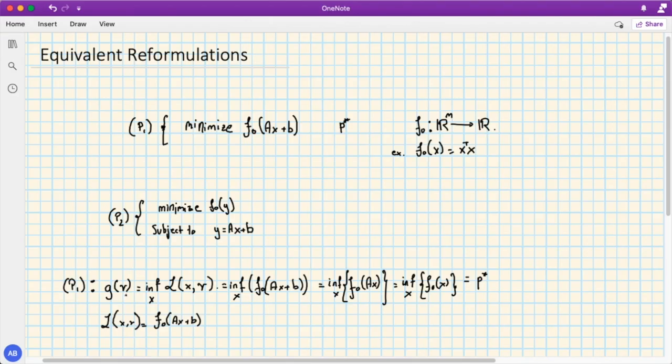However, if I want to write down the Lagrangian dual problem over here, which is to maximize g, maximizing a constant p star, subject to positivity of nu, it's completely useless. You don't have nu to define, and you're maximizing a positive p star.